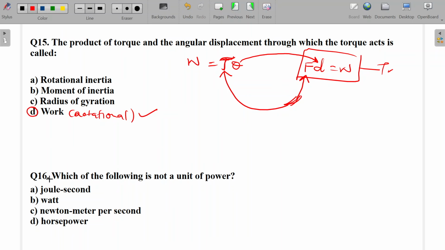Yes. So question 16. Which of the following is not a unit of power? A. Joules second, B. Watt, C. Newton meter per second, D. Horsepower.